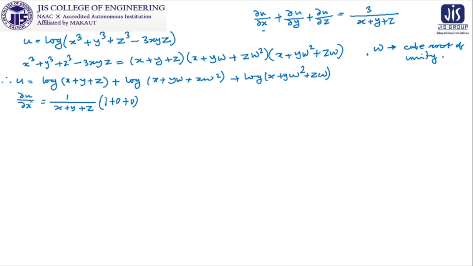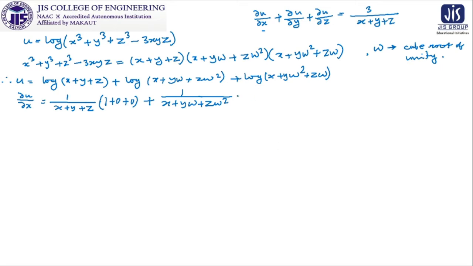del u del x is equal to 1 by x plus y plus z plus, with the same calculation for this part, 1 by x plus y omega plus z omega square. Now you are differentiating this x plus y omega plus z omega square with respect to x partially. For the x part you will get 1, and for the remaining two parts you will get 0 because there are no terms related to x.